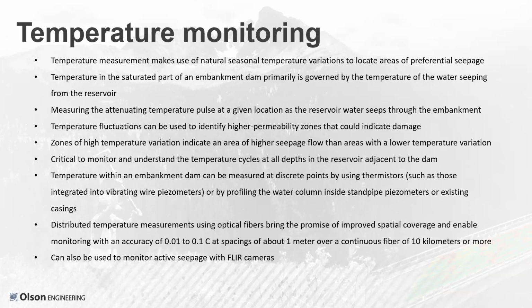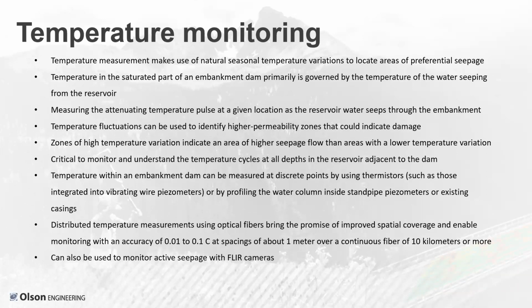We can use optical fiber sensors, which are basically long strings of fiber optic, which can be placed in the dam. And those can be used to determine temperature variations because the temperature variations are going to change the optical wave propagation down the fiber. And you can turn a section of fiber optic into a sensor, maybe a meter long section, and then you can just move 1 meter at a time as you look along the length of the fiber.